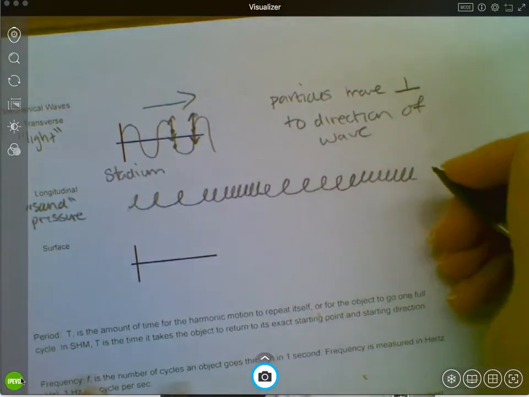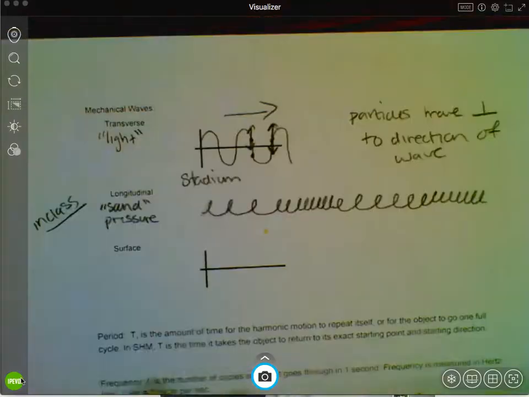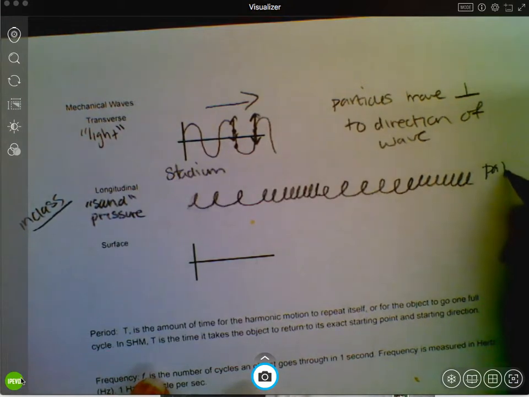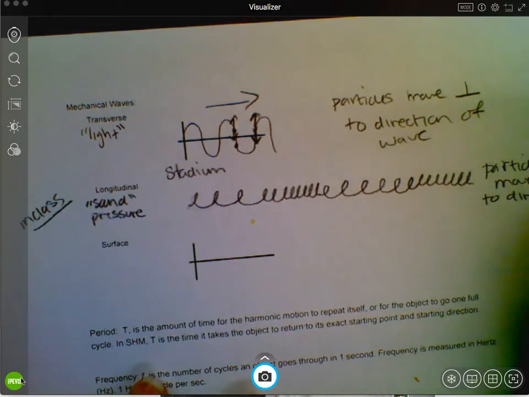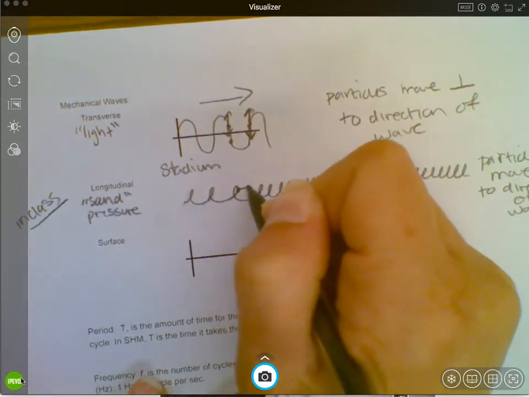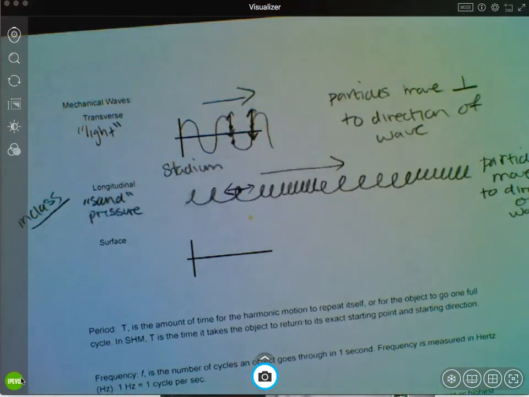And we'll actually do this in class. I'm going to put a little note to do the slinky in class so that you remember. But essentially particles move parallel to the direction of the wave. So the particles in this piece move right and left as the wave moves to the right. Okay.